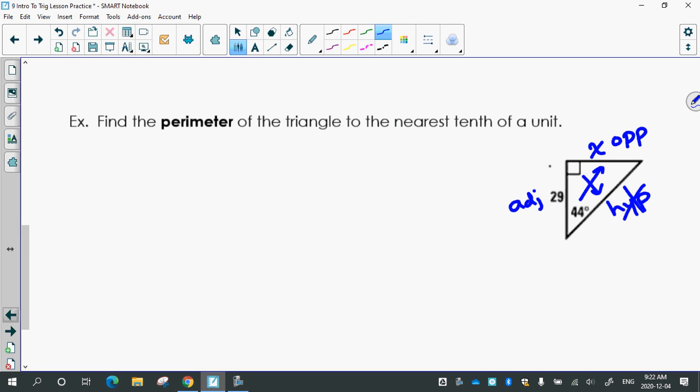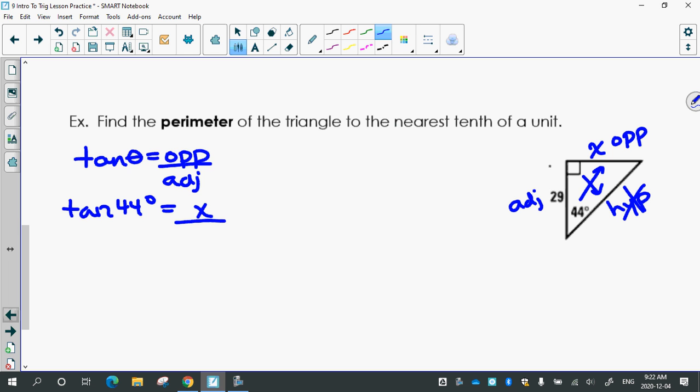Which means I would use tan. So tan 44 degrees is equal to the opposite, which is X, over 29. That's the easy kind where X is on top.